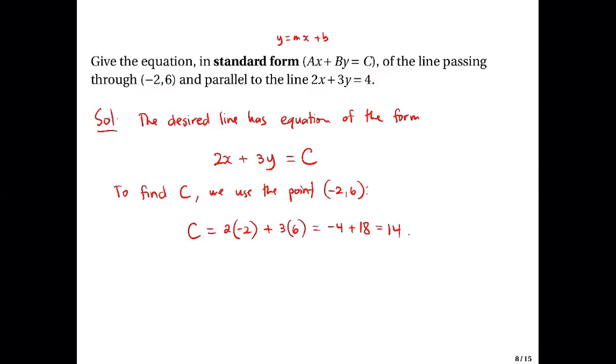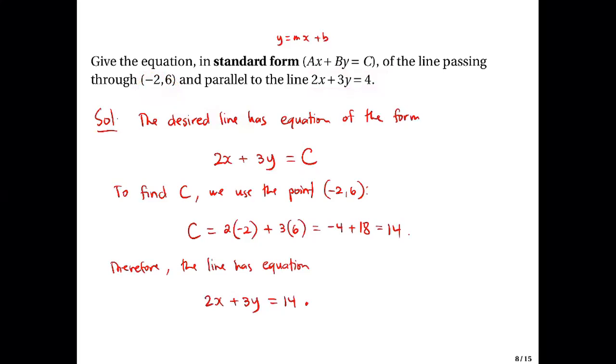So we now have a value for c. Therefore, the line has equation 2x plus 3y equals c, which is equal to 14. So this is the line parallel to this line here and contains this point.